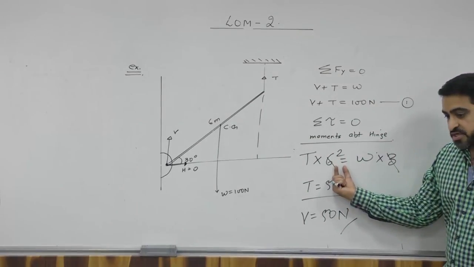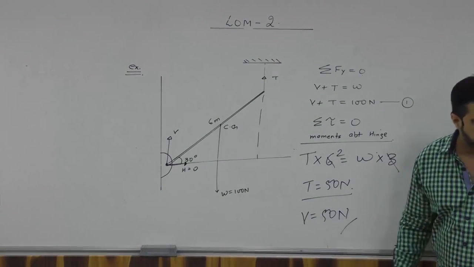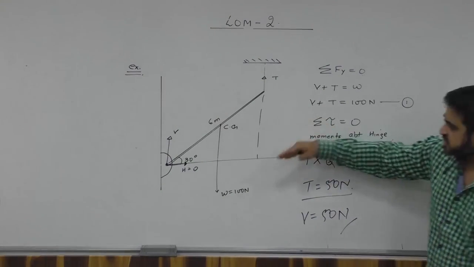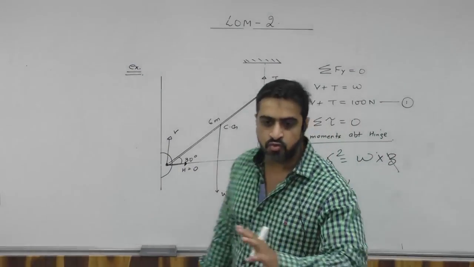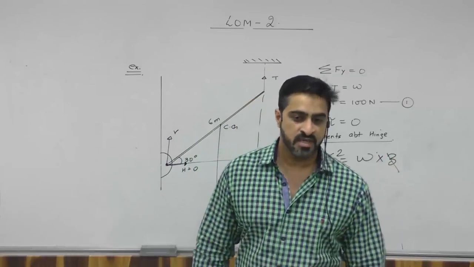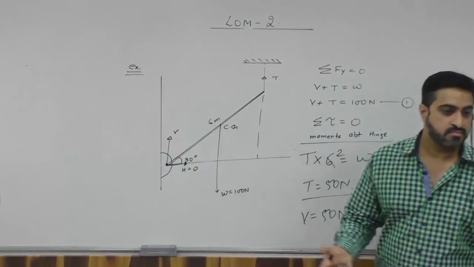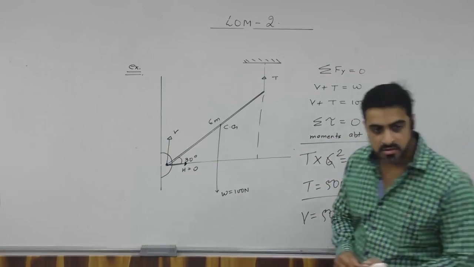This will come 6 cos 30 and this will come 3 cos 30. So no need to take the angle of that tension. Whenever it is unidirectional, there is no need to calculate perpendicular distance. You can calculate along the length. Can I say F1 L1 will become equal to F2 L2? Got it? Start, come on, please.